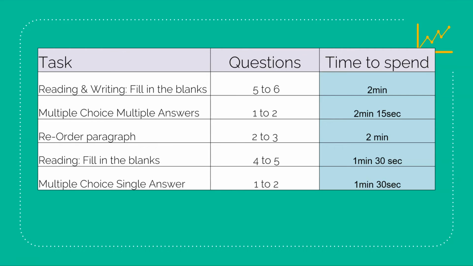For reading fill in the blanks, we recommend about 1 minute 30 seconds to a maximum of 2 minutes on each question. And finally, for multiple choice, choose single answer, we recommend about 1.5 minutes on each question. Please remember that this is just a guidance and you are free to spend more time on the questions you feel are more challenging. In the end, you need to balance the overall time.